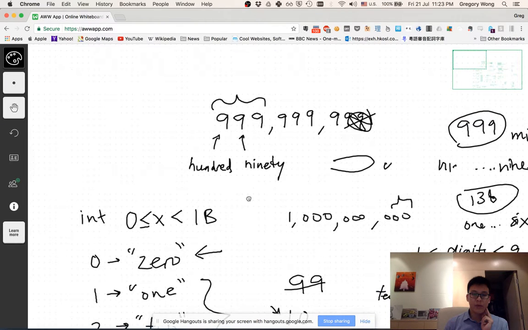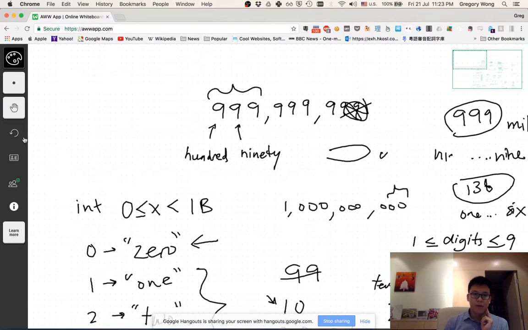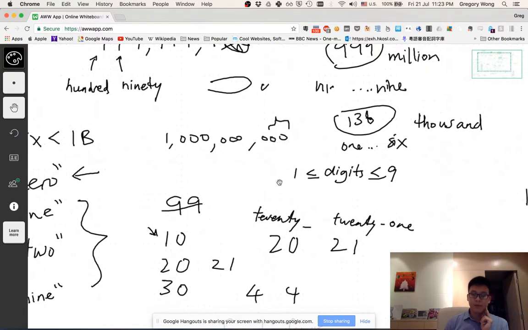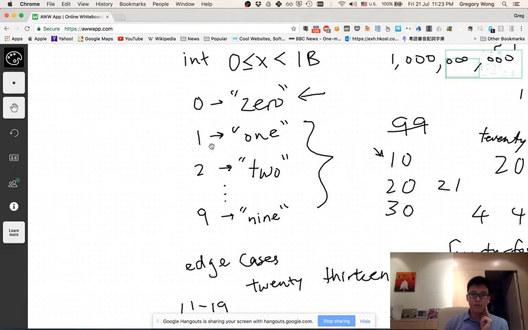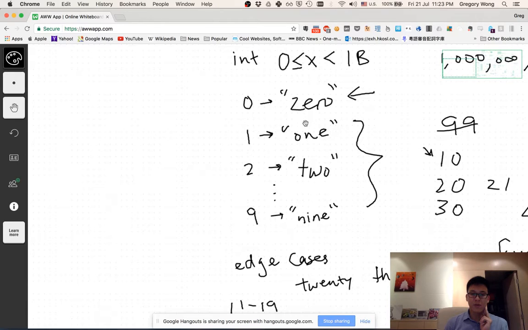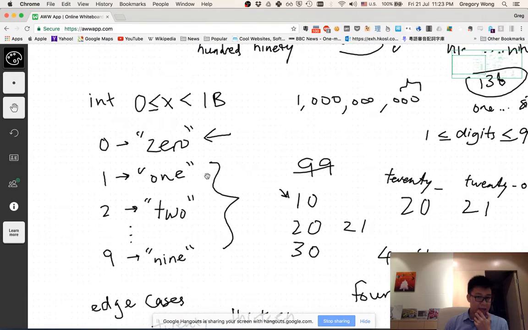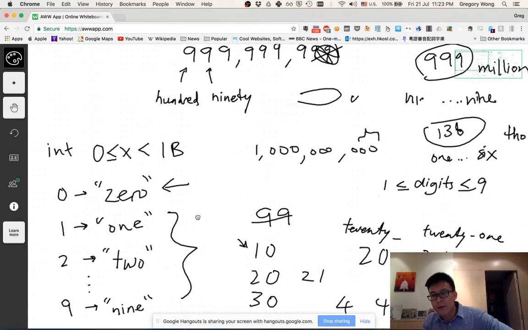So we wouldn't have to store a lot of data for this. We would just need to store the special cases, the values for 1 to 9, the tens values, like 10, 20, 30, 40, and so forth.